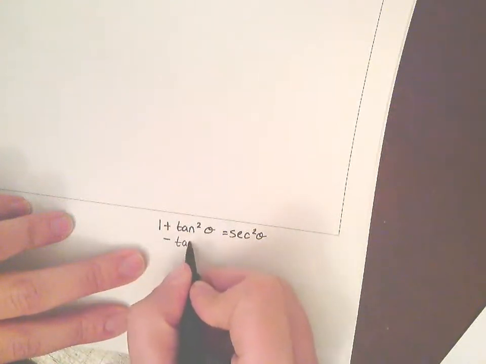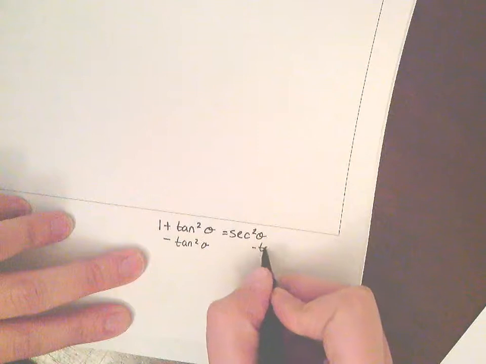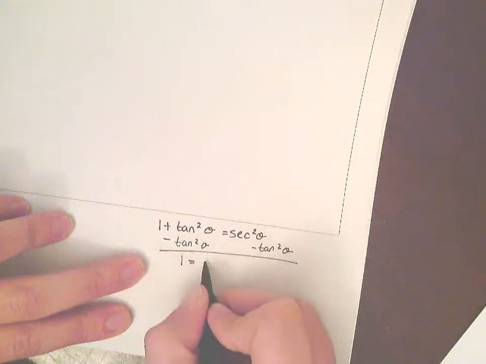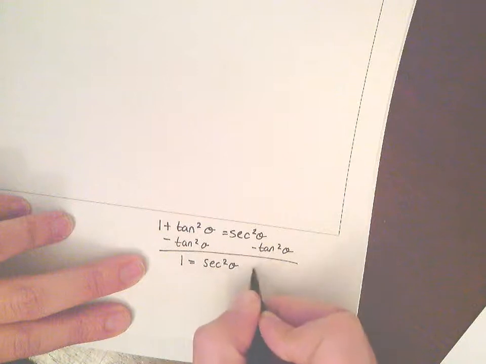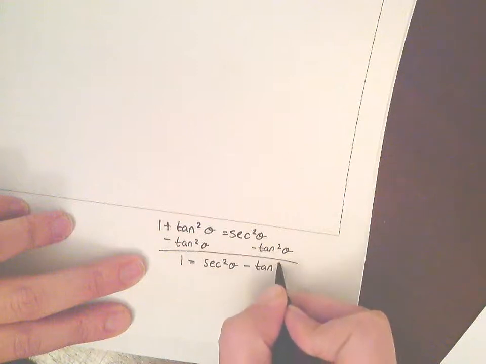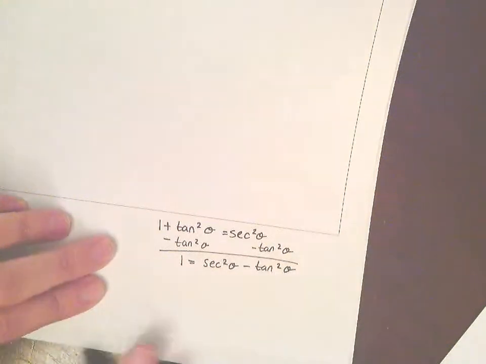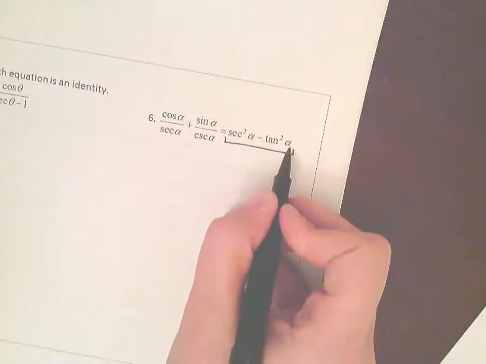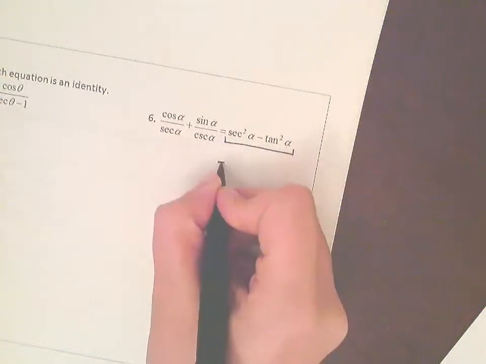If I subtract tan squared of theta from both sides, I end up with 1 equals secant squared of theta minus tan squared of theta. So, what did we say secant squared of theta minus tan squared of theta is? It is equal to 1. So that's the first thing.